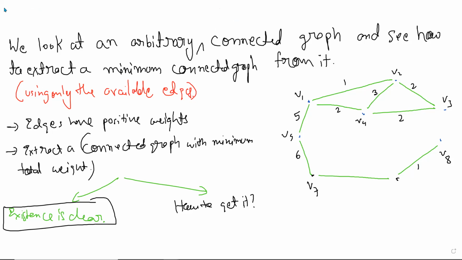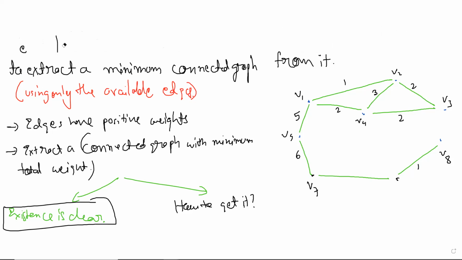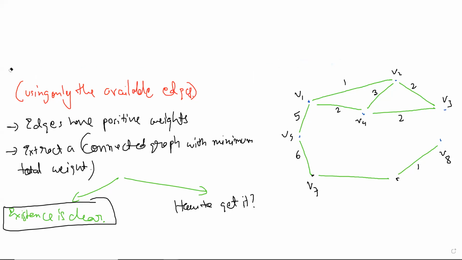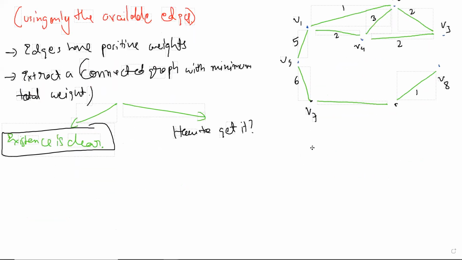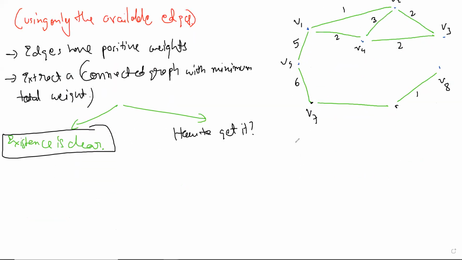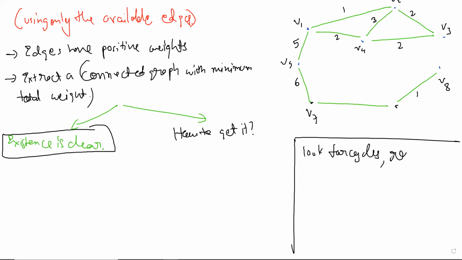Yeah, but how do you prove that? And really, I should maybe say, and this is a point which I also missed, that in the previous problem, what we said is that you look for cycles, and remove an edge.